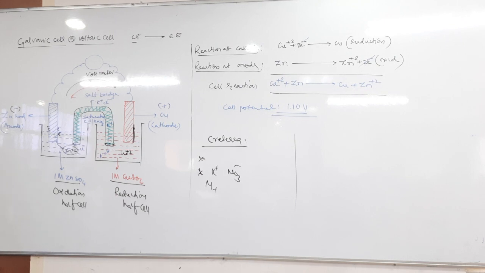Next point, these free electrons move towards the copper electrode, where Cu+2 ions from the copper sulfate solution undergo reduction to form Cu, which is deposited at cathode.